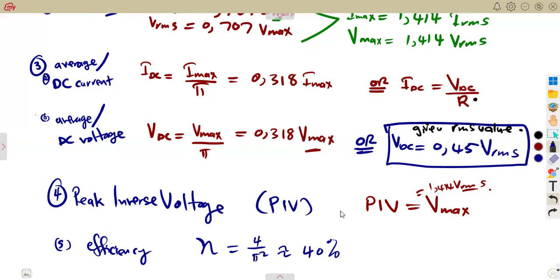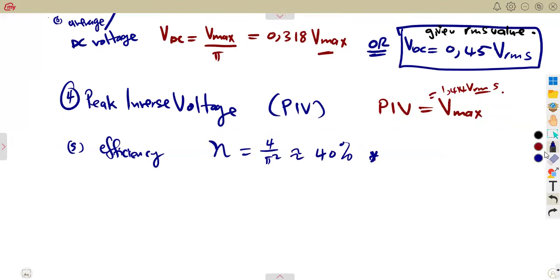We need to talk about the calculations you need to apply for your efficiency. Efficiency, guys, always relates the DC output to the AC output, DC output over AC output. That's where you end up with this, and for a half wave it approximates to 40%. We're going to talk about that in a special class on its own.